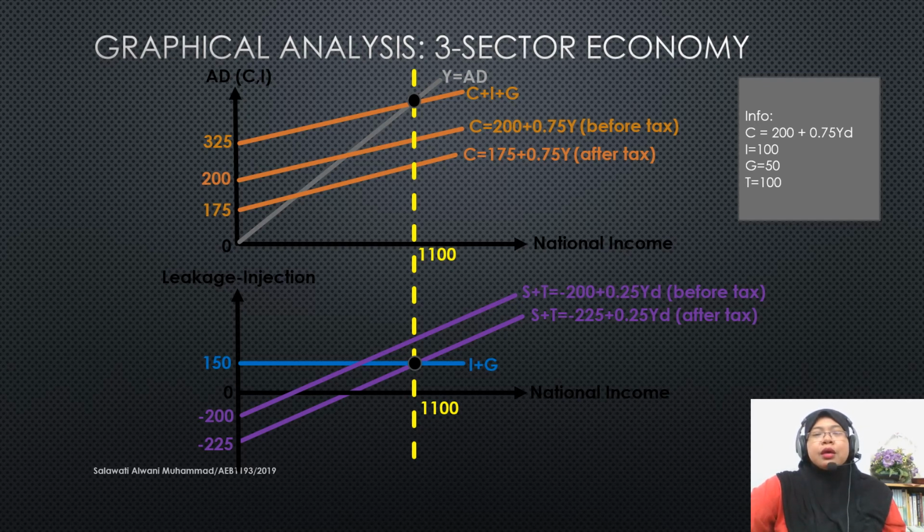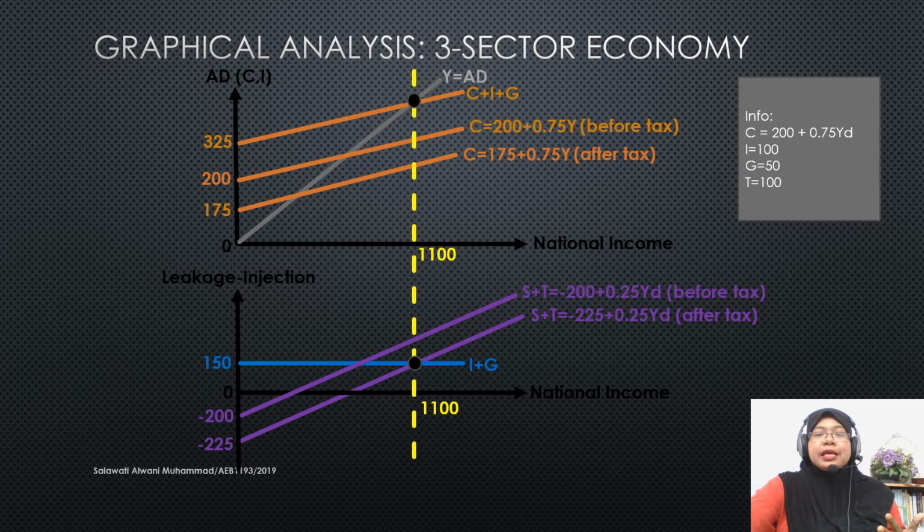With a three-sector economy, we must subtract the amount of tax. Why? Because tax is a kind of burden for consumers, so it reduces consumption.